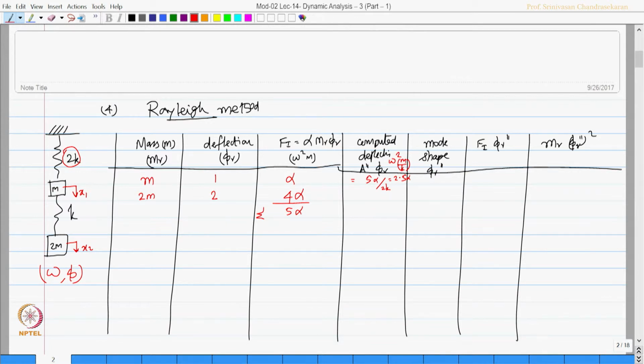By the same logic, I can say this will be 4 alpha by k, but the summation will be 2.5 plus 4, 6.5 alpha.